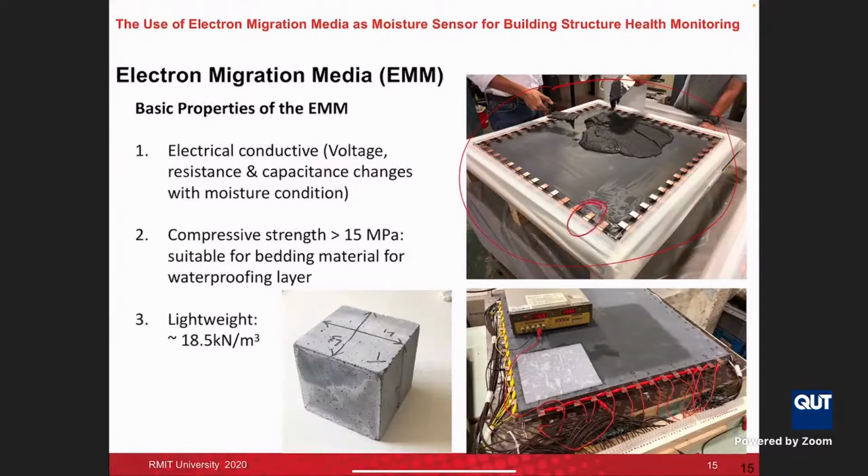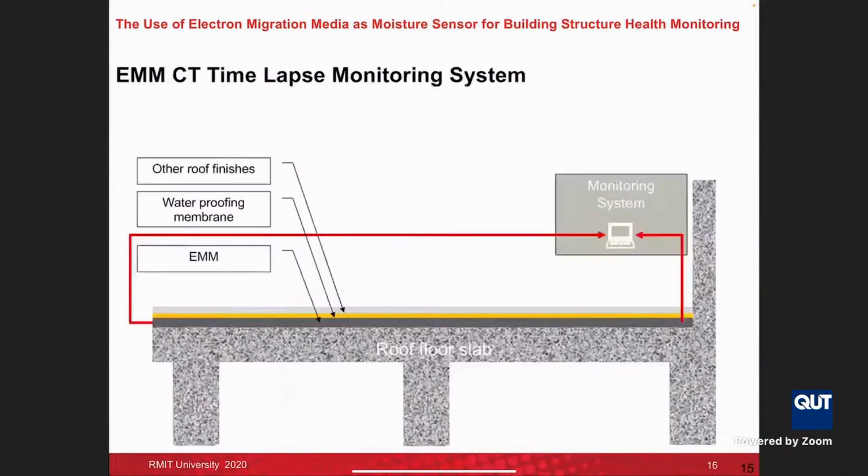The copper makes the channel so that you input the voltage inside the panel. And we also found that with the EMM, because of the graphene, we improved the tensile strength of the cement mortar, and it's also lighter in weight, only about 18.5 kilonewton per cubic meter.